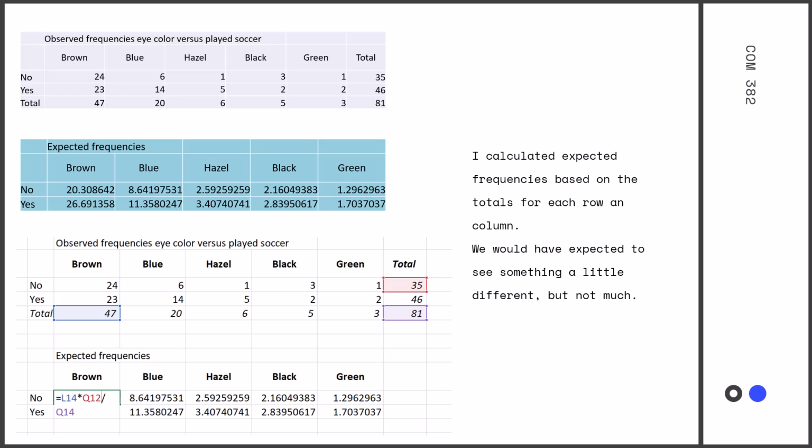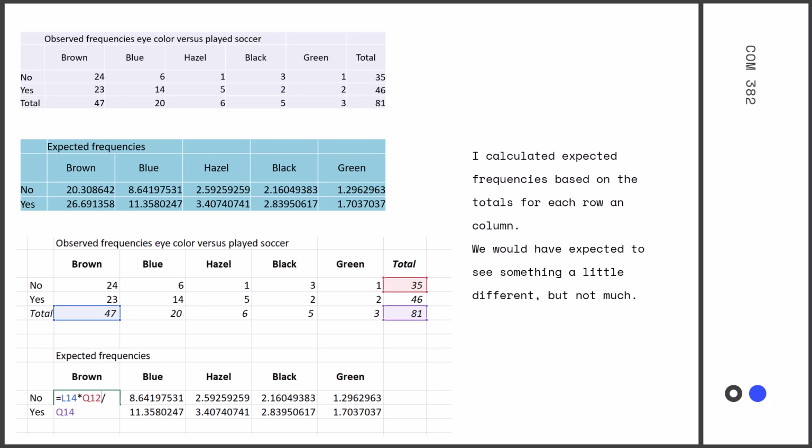So if you look at the expected versus the observed, you can actually see that there were some unusual differences. So for example, up here, hazel eyes. In reality, one person with hazel eyes didn't play soccer. 5 people with hazel eyes did, but the expected were 2.6 and 3.4.